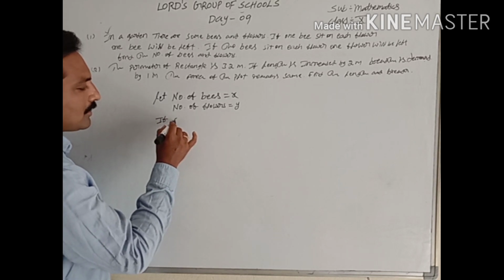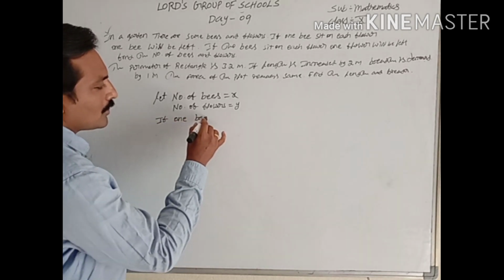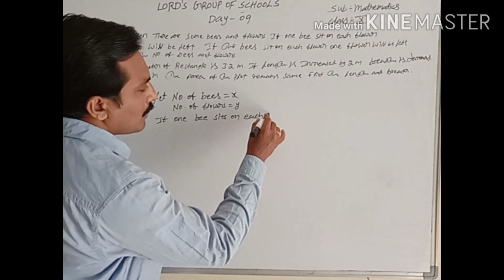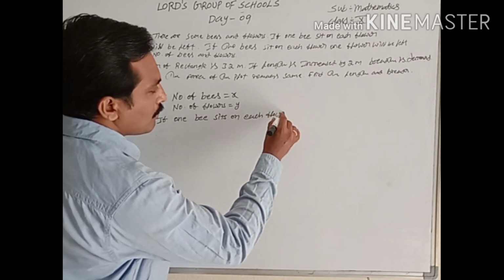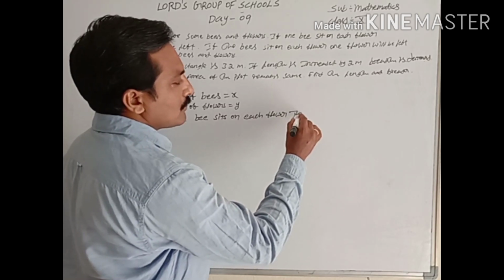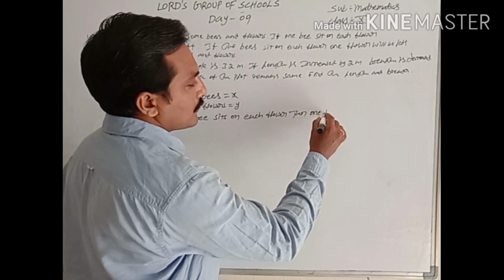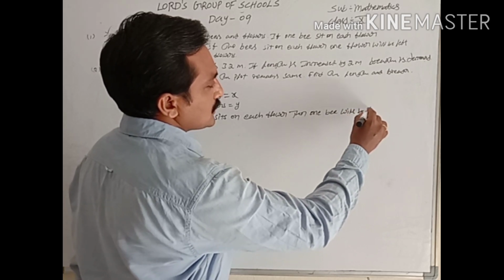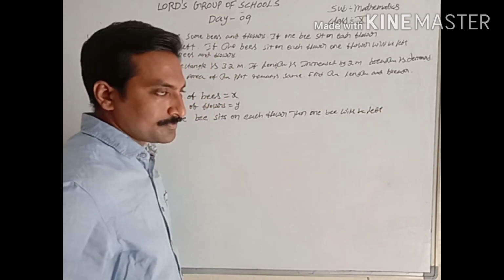If one bee sits on each flower, then one bee will be left. This is the first condition of this problem.